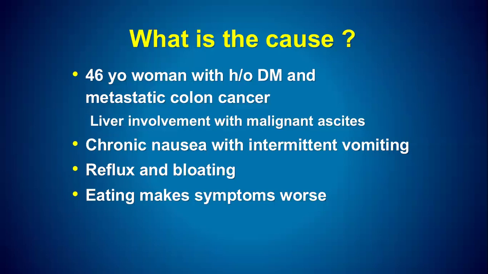Now, which are the drugs which have effect both on the central and the peripheral? Two drugs that we give commonly. Which one would those be? Metoclopramide and ondansetron.